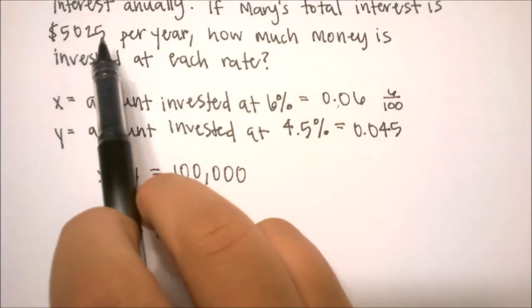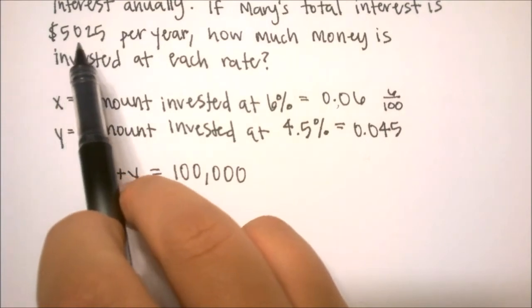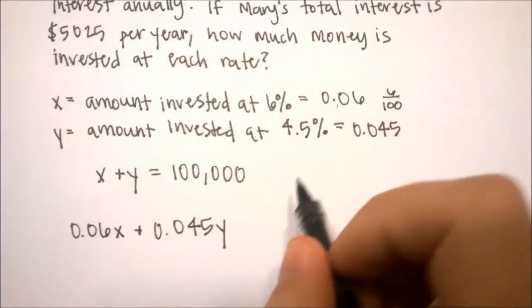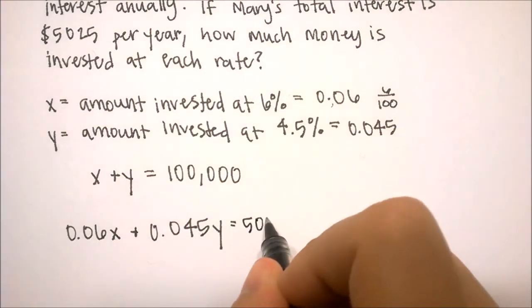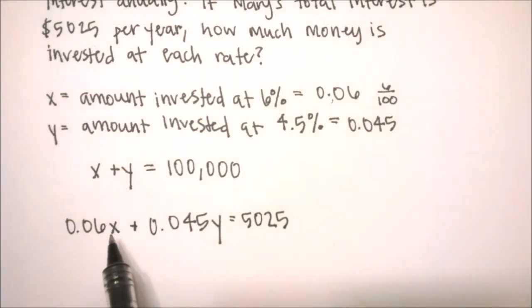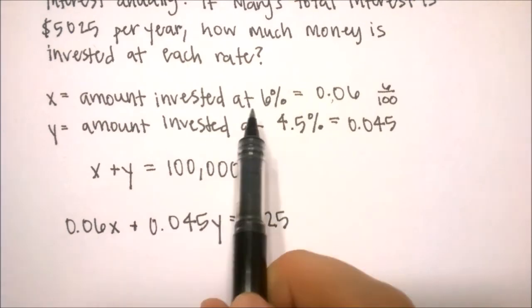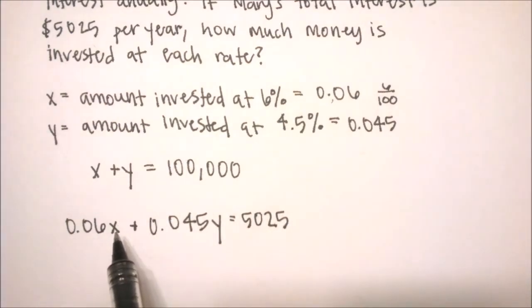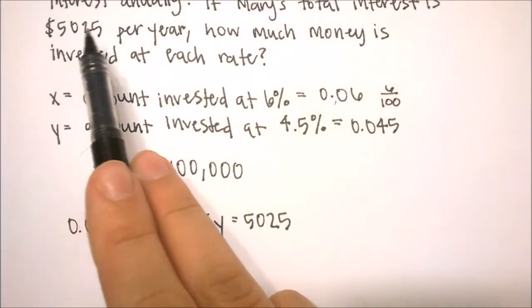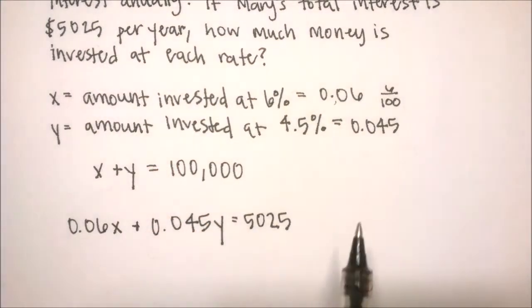Because that's the total interest that she got in a year. So this should be 5,025, because 6% of whatever she put in at 6%, so 0.06x, plus 4.5% of y should equal the total interest in the year, okay?